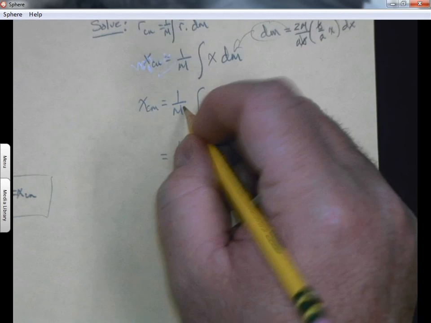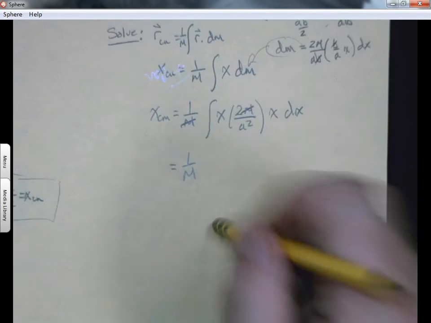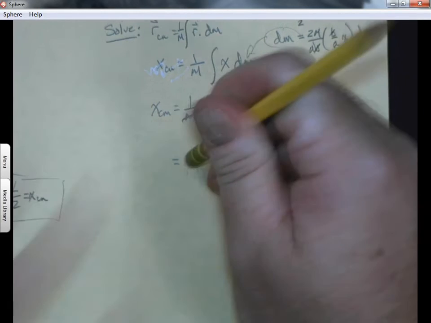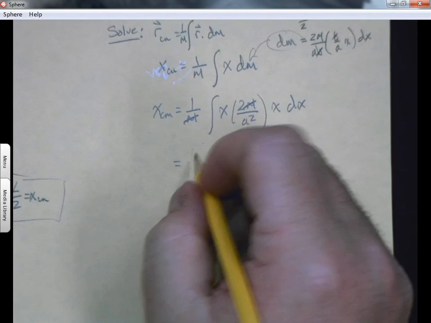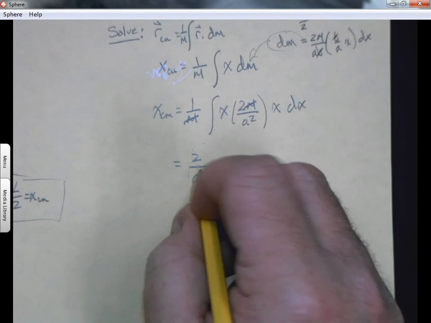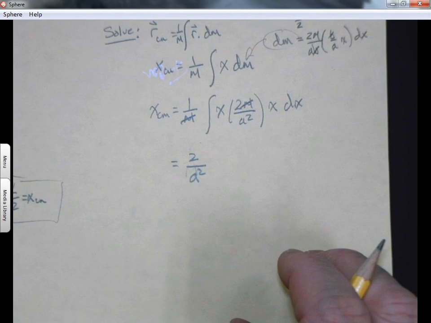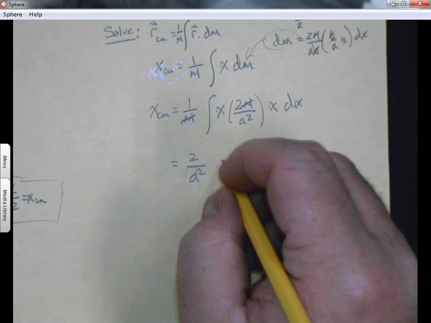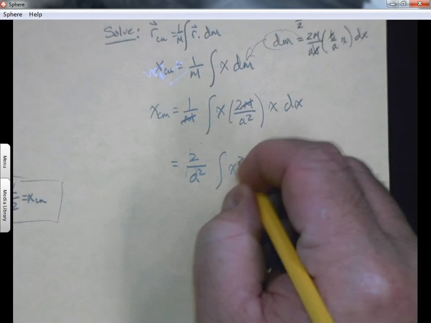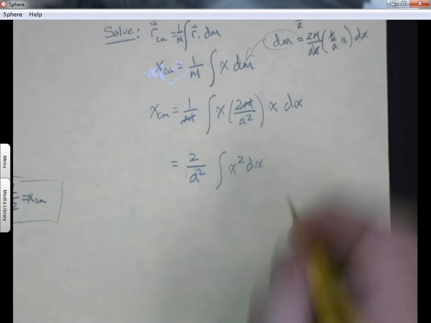Actually, the M's can cancel. That M is going to cancel with that M, so we don't need that anymore. We can pull our constants out, so that's going to be 2 over a squared, integral of x squared dx.